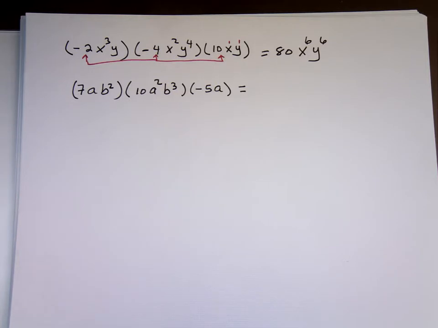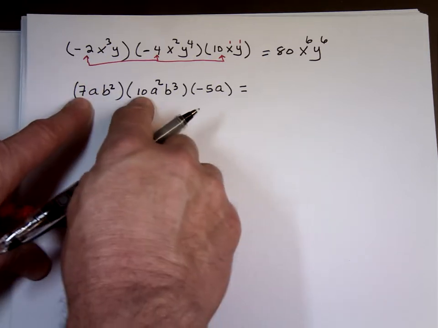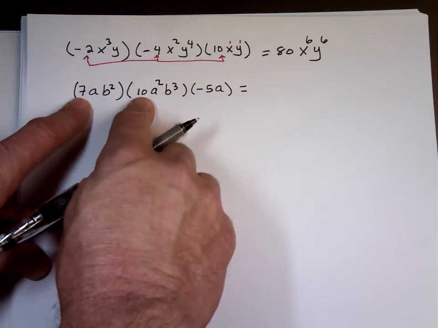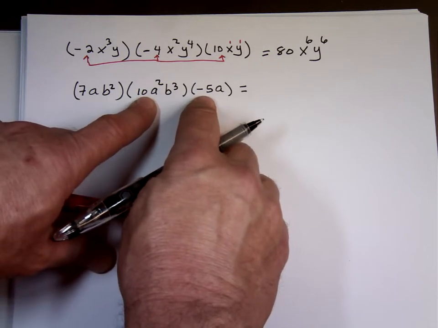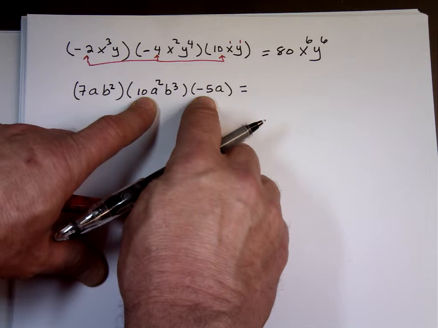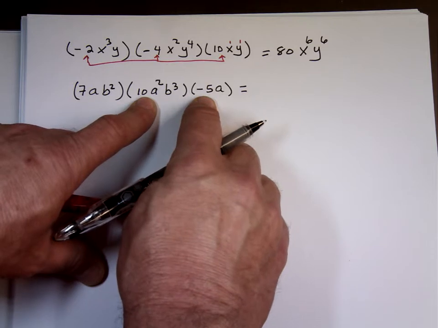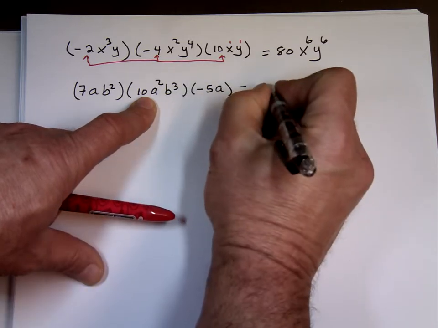Let's multiply the numbers. 7 times 10, 70 times a -5. Is that -150? Oh no, it can't be. 350? -350.